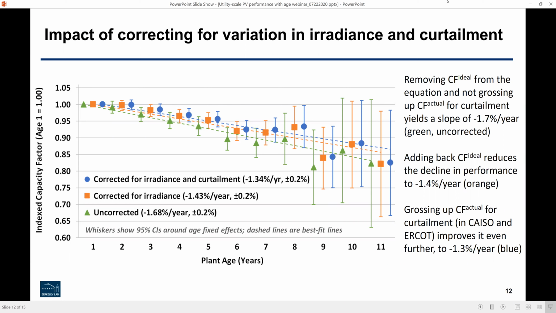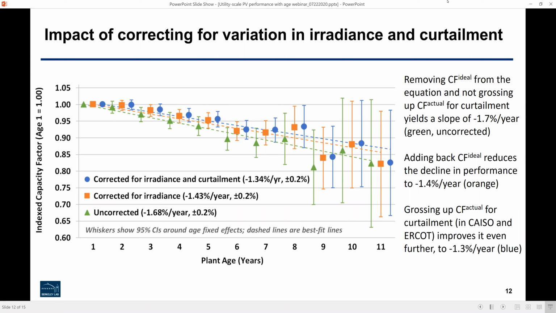But once we control for irradiance through the ideal capacity factor, the slope improves to minus 1.4% per year, which is shown by the orange squares. And then finally, after also accounting for curtailment in CalISO and ERCOT, the slope improves even further to minus 1.3% per year, which is the blue circles that you see here and that I also showed you on the previous slide.